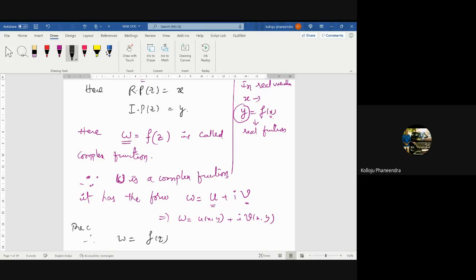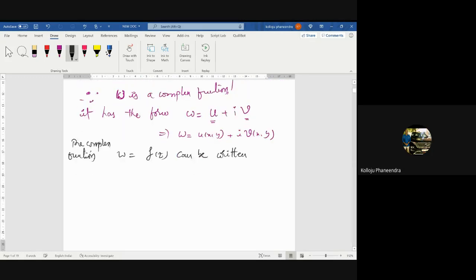Therefore, the complex function w equal to f of z can be written as w equal to u of x y plus i into v of x y. And it is equal to f of z.